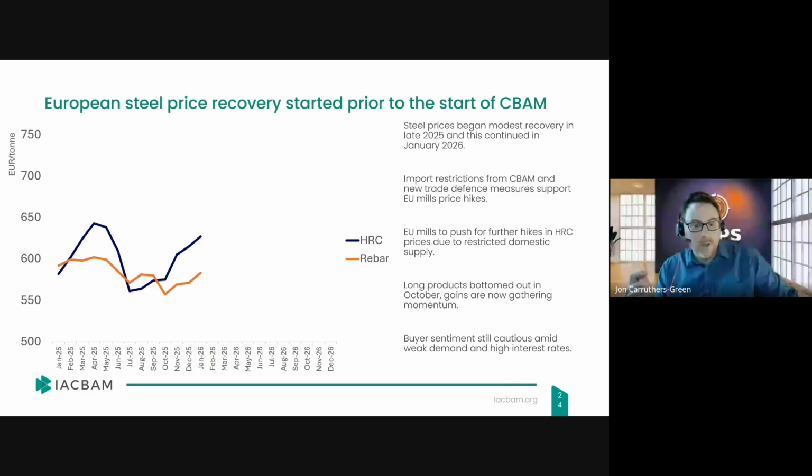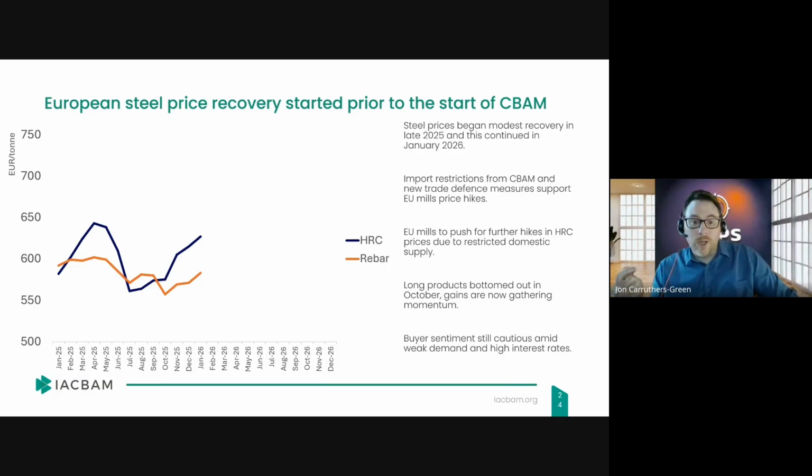So that's one of the lines I've selected for this chart, as it's a very good example of a flat rolled steel product. We've also got rebar on there for long steel. We saw that there was a push to increase prices as the threat of CBAM started.